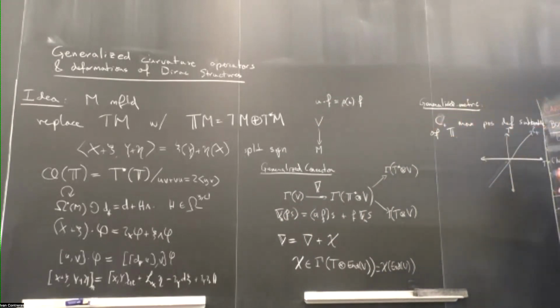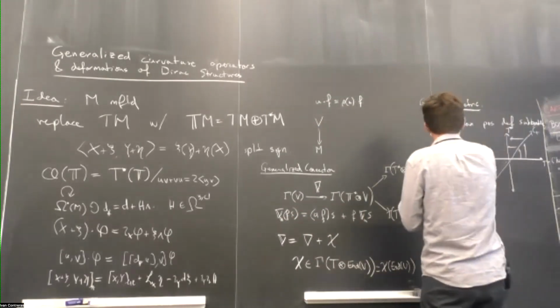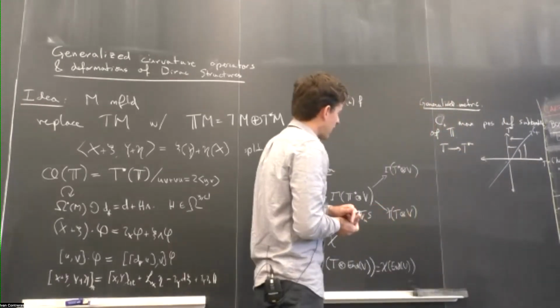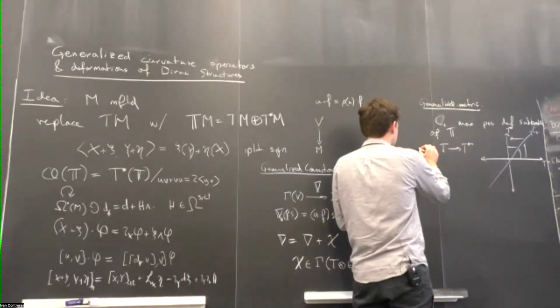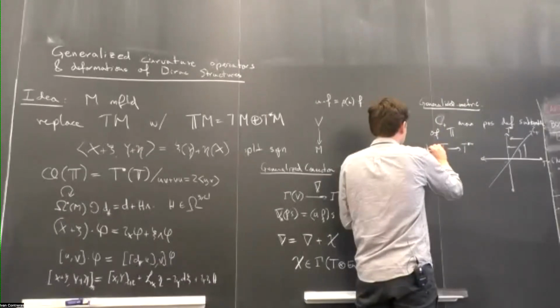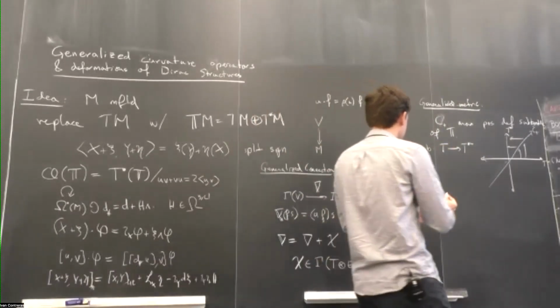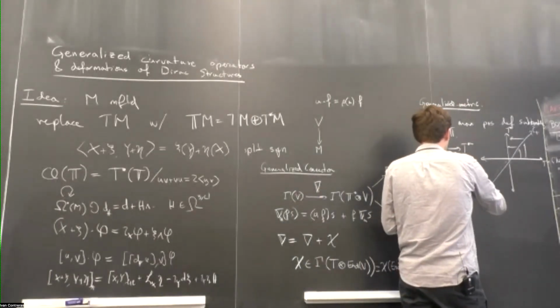You have C plus, and because it's maximally positive definite, it tells you there's a map going from T to T star, for which this is a graph. And the map is going to have some symmetric and some skew-symmetric part, which I'll call G plus B. So C plus is just the graph of G plus B.